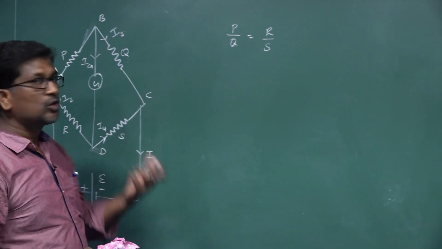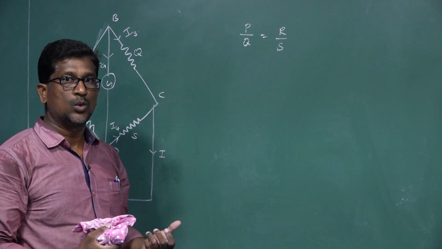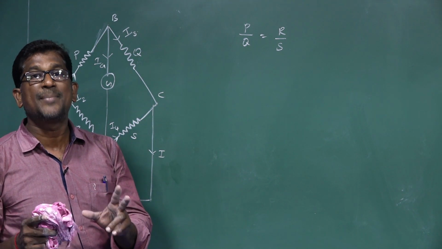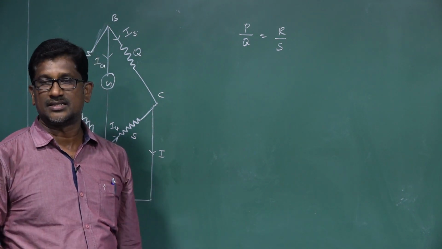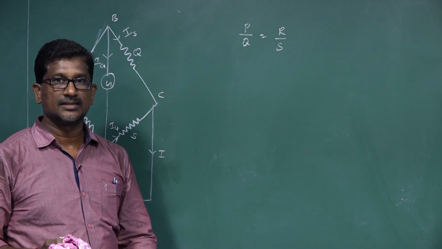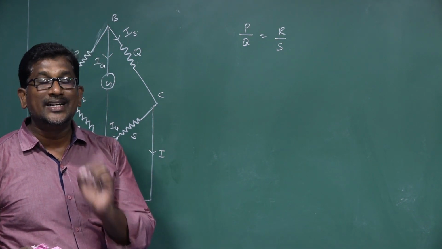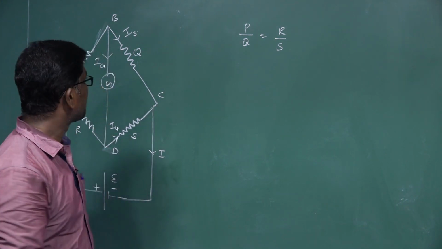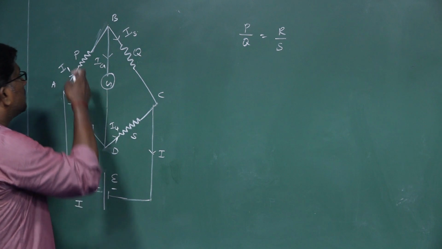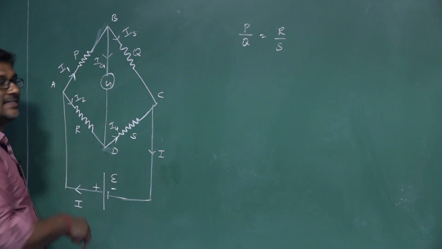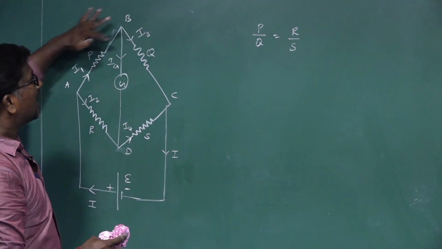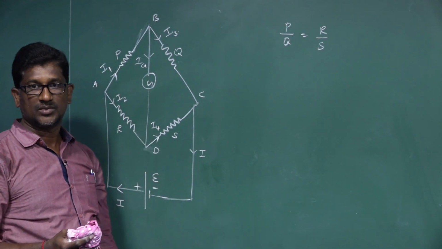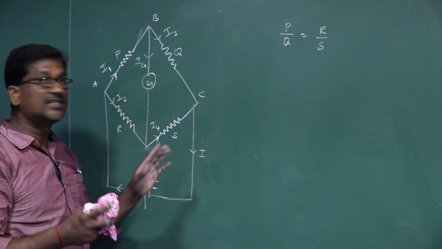Already I told what are the uses of a Wheatstone network. First, the Wheatstone network is used to compare the electrical resistances. Next, it is used to determine the unknown resistance. If we know the values of two adjacent resistances, we can compare another two resistances ratio.